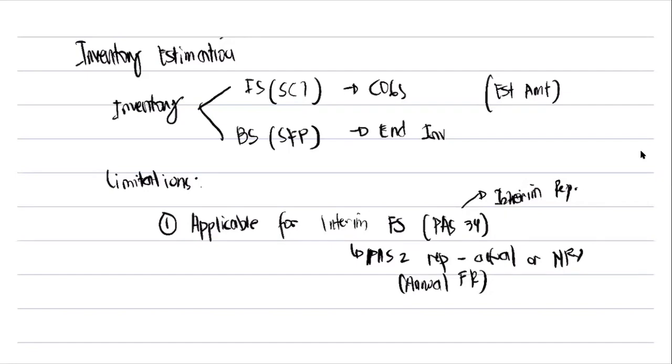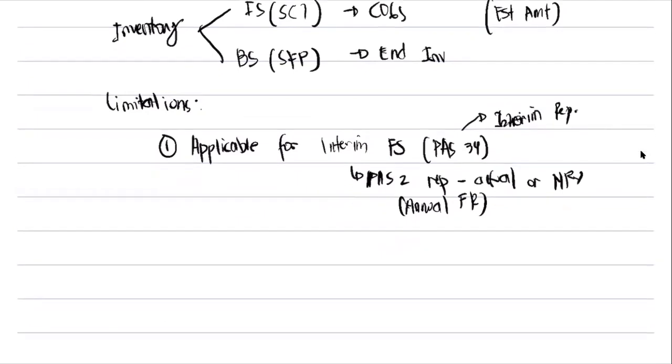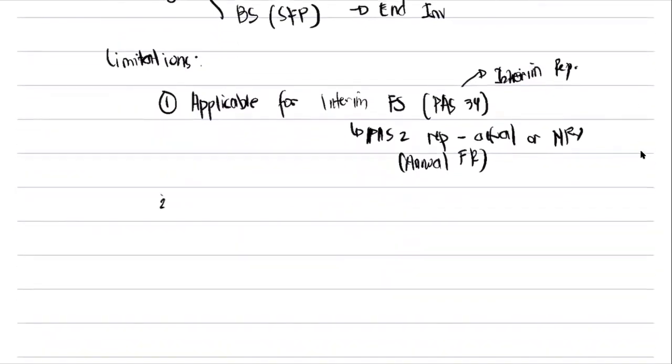You need to get the total inventory of the different branches, and it takes too much time and is costly. However, to at least lessen the cost, we have inventory estimation. But take note, for annual, we use your actual inventory under PAS 2.